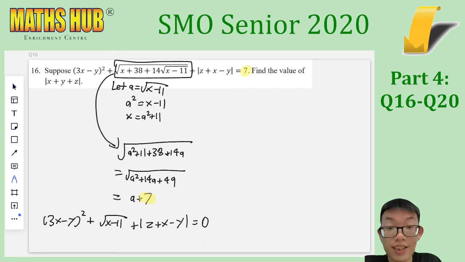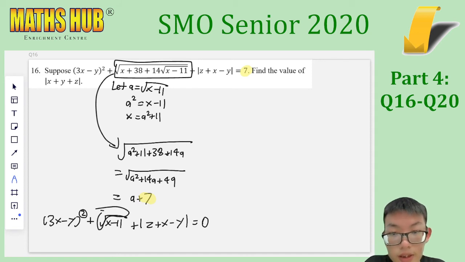Now immediately, this looks nicer than what we started with. But also, there is something really interesting. The square root, and the absolute value here all share a common trait, which is that these three functions are all non-negative.